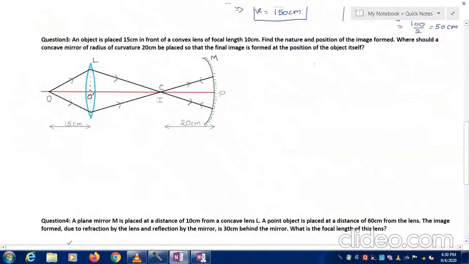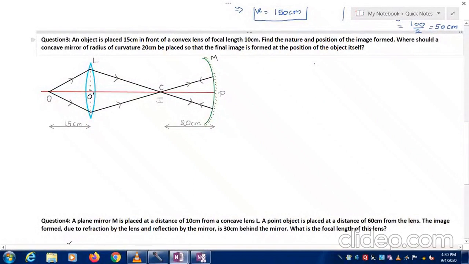Now let us solve this third question. An object is placed 15 centimeter in front of a convex lens of focal length 10 centimeter. Here it is given that an object is placed at a distance of 15 centimeter from the convex lens of focal length 10 centimeter.